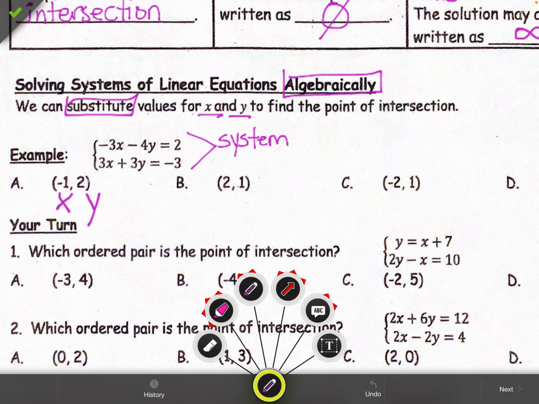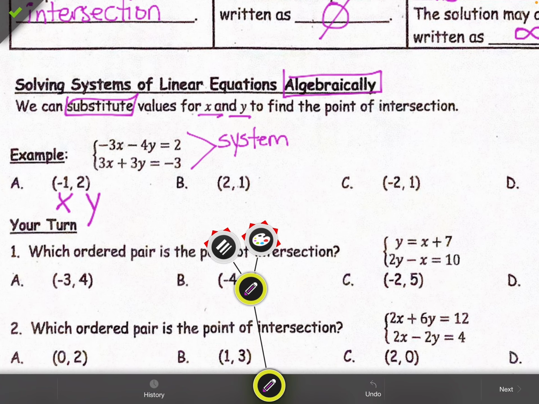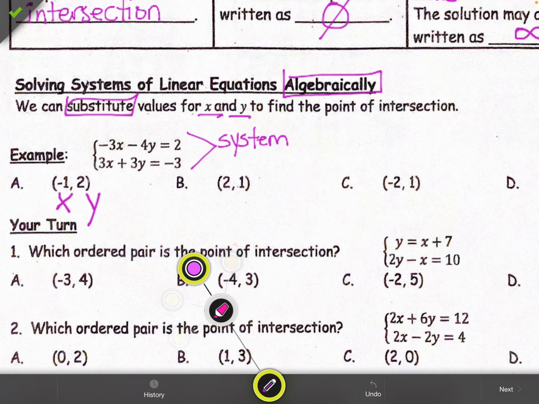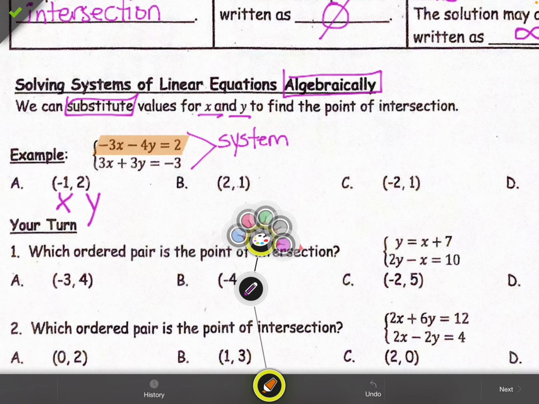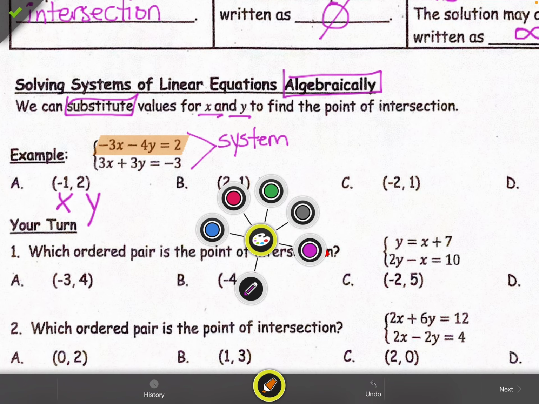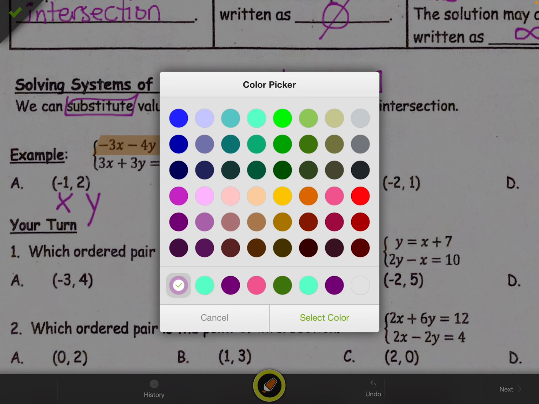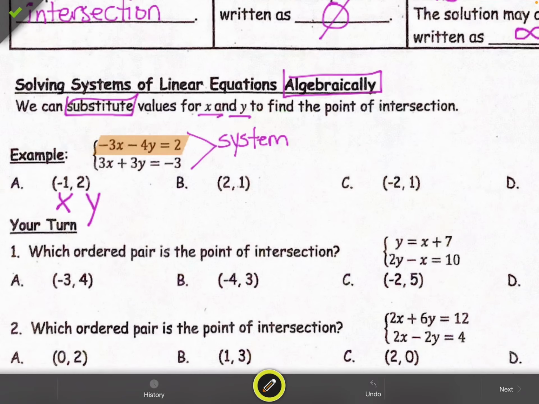Well, you take your first equation. So my first equation is, let's not use pink, let's use orange, -3x minus 4y equal to 2. And so you come over here, and you would say -3, instead of the x, you would put -1, minus 4y.